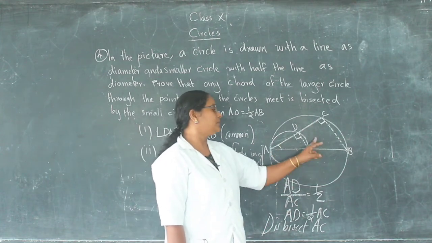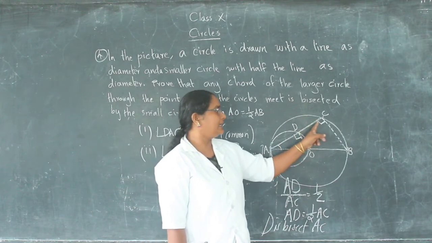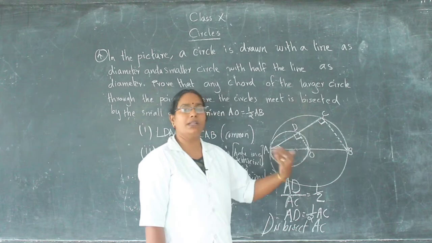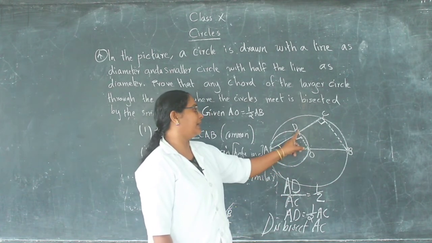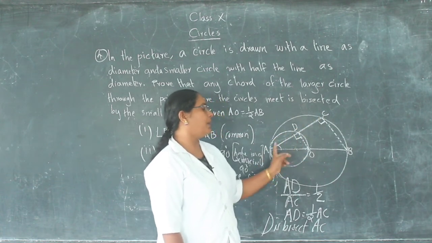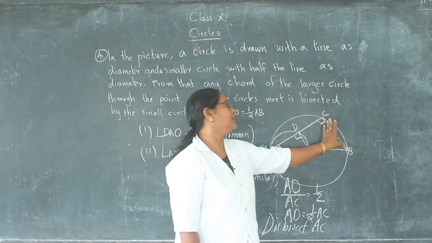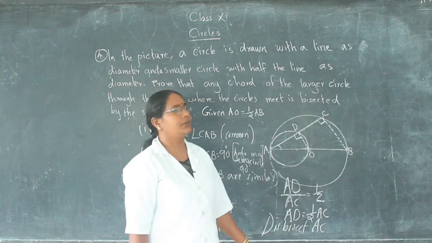In the two triangles, this angle is common, and here 90, 90. Therefore, the angles are equal, so the triangles are similar. Corresponding sides: AD by AC equals AO by AB equals DO by BC. But I consider these two sides' ratio.